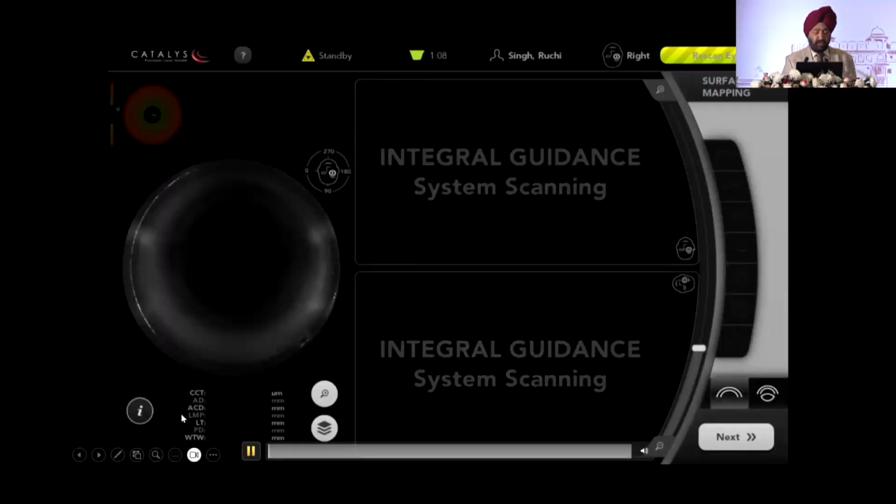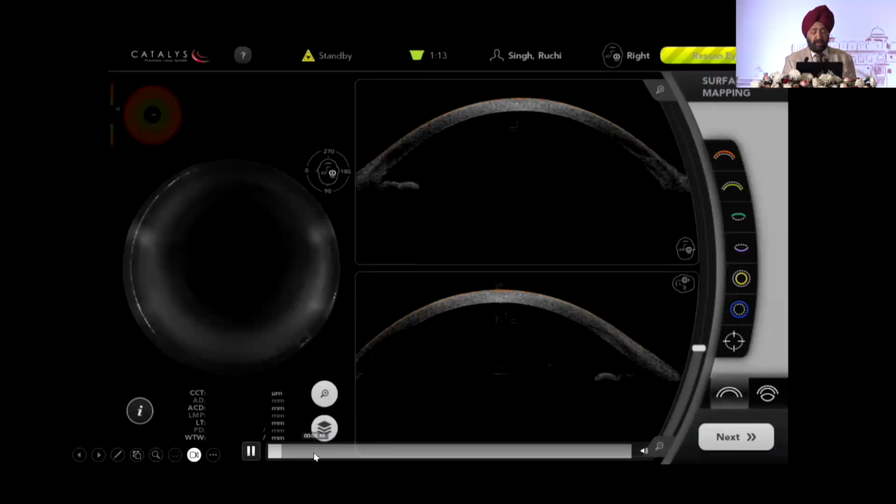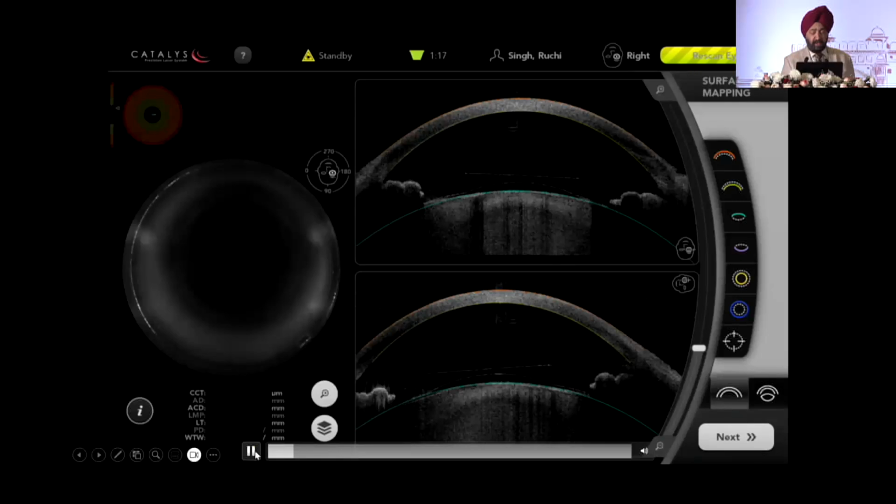This is a case with an ICL which has caused a cataract. The important thing in the ICL is that the optic of the ICL is recognized as the pupil, so you have to enlarge it and bring it on. And the second thing is that this blue line often gets confused with the ICL lens surface.